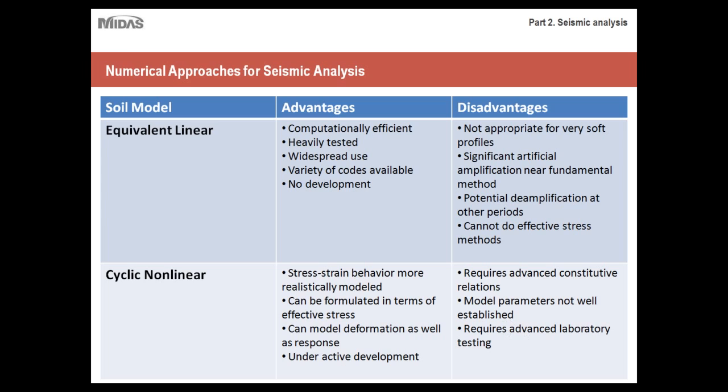And then it also requires advanced laboratory testing. For example, if you were to do a seismic analysis for a certain site, you might have to run your own laboratory test, or sublet that work to someone else in order to get these constitutive models that you would need to perform your cyclic nonlinear analysis.